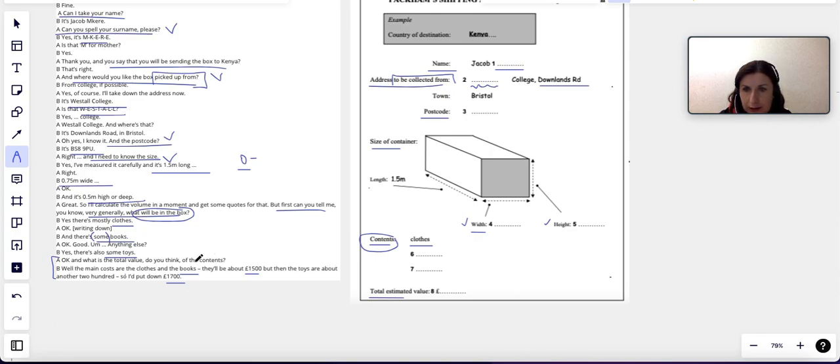And clothes. Clothes and the books are 1,500 euros. But then there are the toys. And together, so I'd put down that's the final value. And that is the number which we need to write down here.